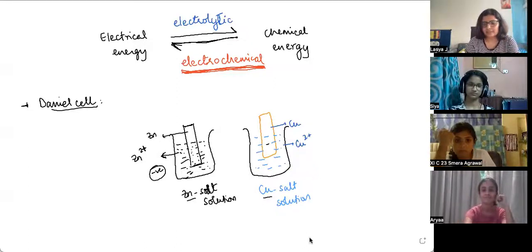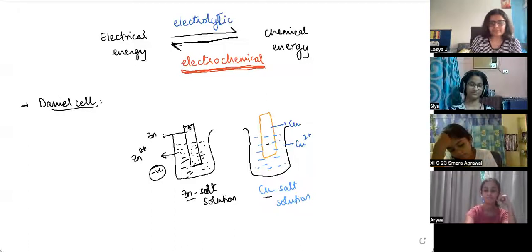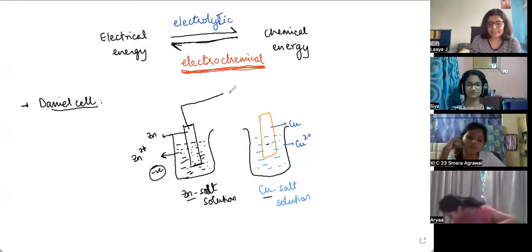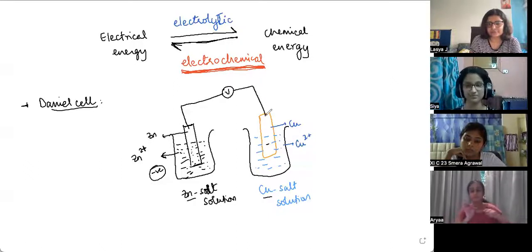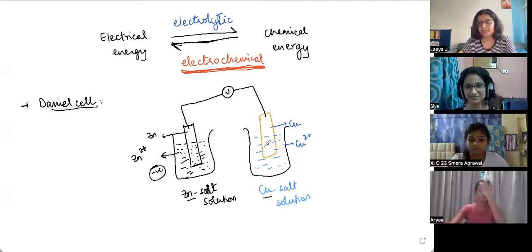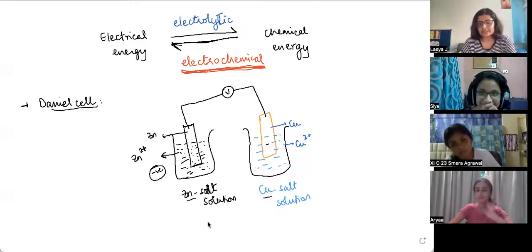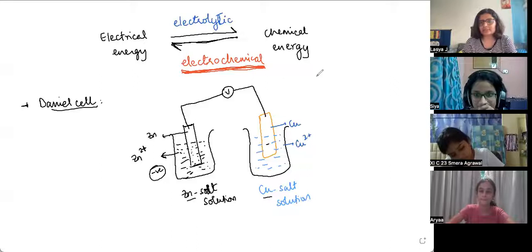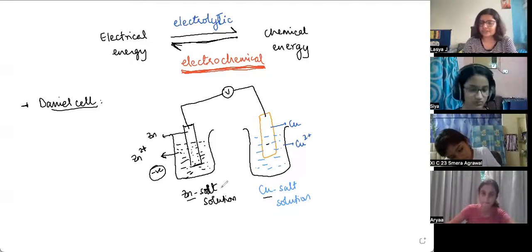Okay. When you connect both these electrodes using a wire, and let's just connect a voltmeter to take the measurements. What happens is zinc is a lot more electropositive than copper.